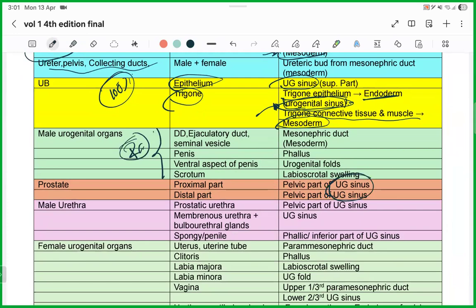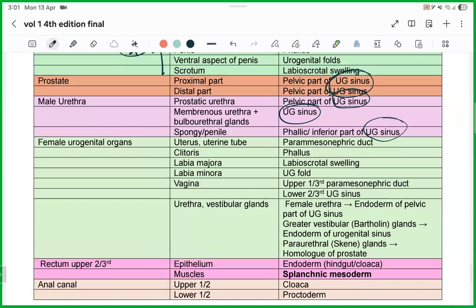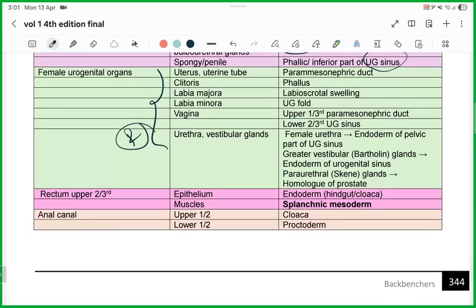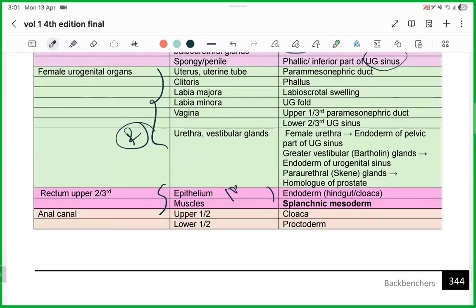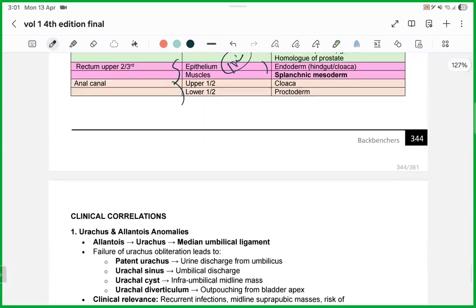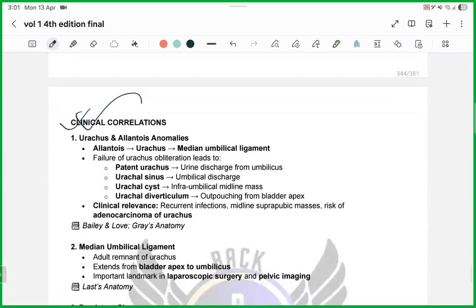Prostate, just remember urogenital sinus. Prostatic urethra, membranous urethra, spongy urethra, all urogenital sinus. Female urogenital organs, they don't ask much, give a reading. Rectum, 100% important, and that's why I have given you rectum and anal canal.